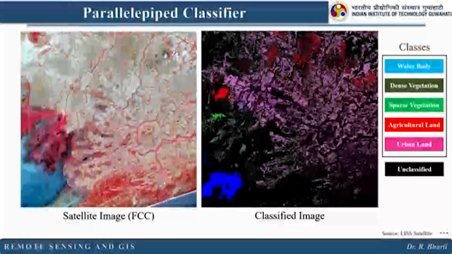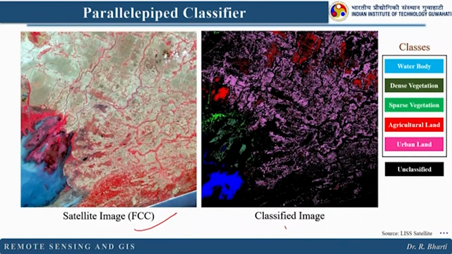Here you can see an example of this classification. There are some black pixels, right? They are basically unclassified. Initially we have given water body, dense vegetation, sparse vegetation, agriculture land, urban area, but there is one more class, and you can realize from this image that too many pixels are falling in this category.